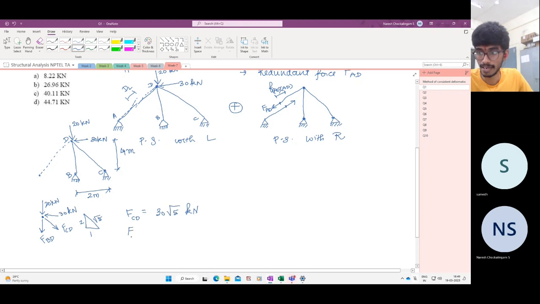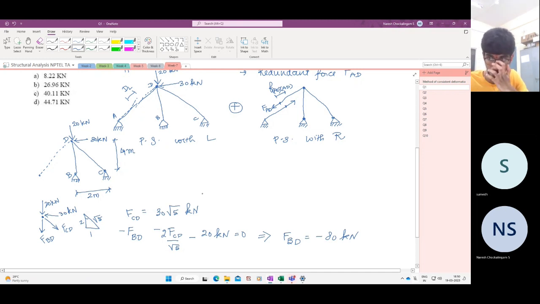What is FBD? Write down the vertical equilibrium equation. It is minus FBD minus FCD cos theta, but cos theta is 2 by root 5, minus 20 kilonewtons is equal to 0, which means FBD is equal to minus 80 kilonewtons. That is fine.